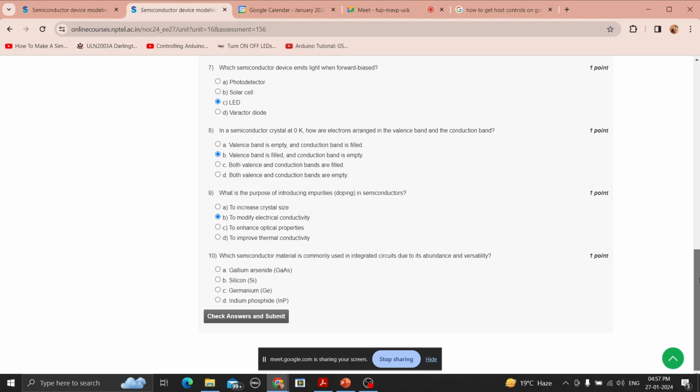We can dope semiconductors and control the conductivity and the current flow. Which semiconductor material is commonly used in integrated circuits due to its abundance and versatility? Option B, silicon. That's everyone's answer.